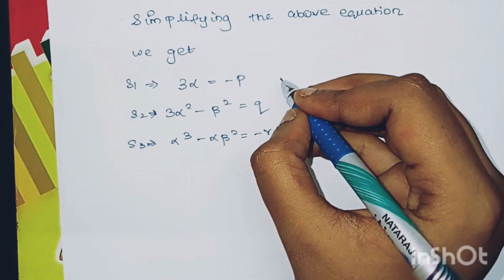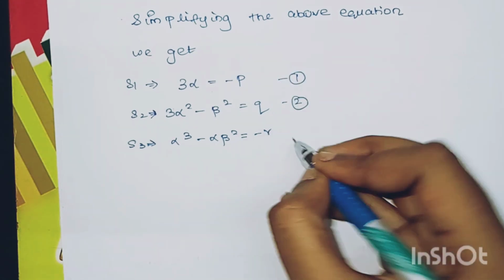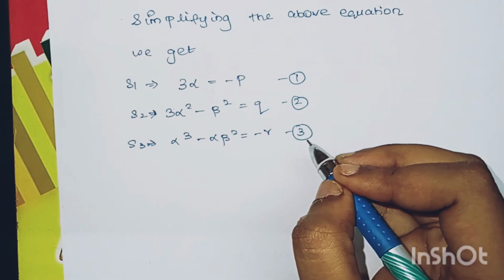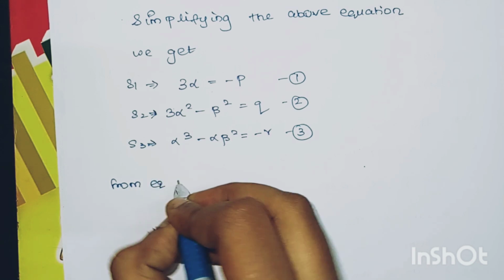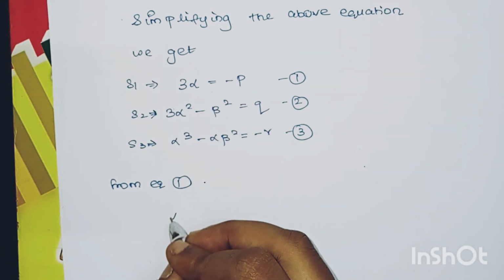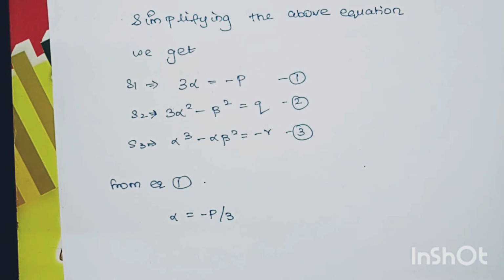So mark them as equations 1, 2 and 3. From equation 1 we will get alpha is equal to minus p by 3.